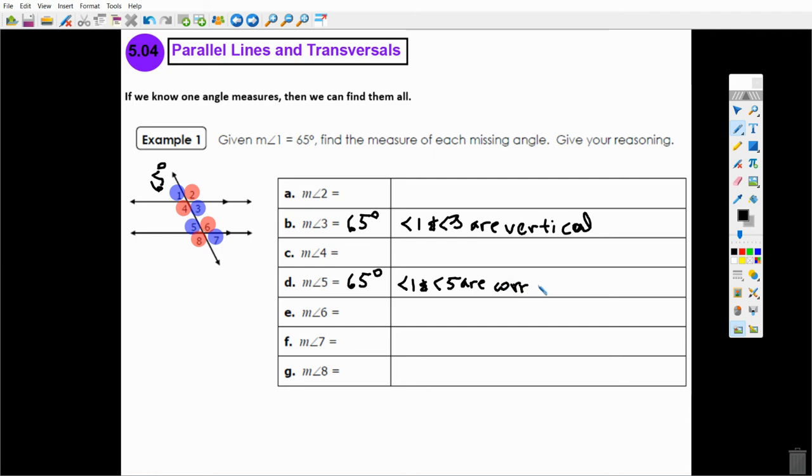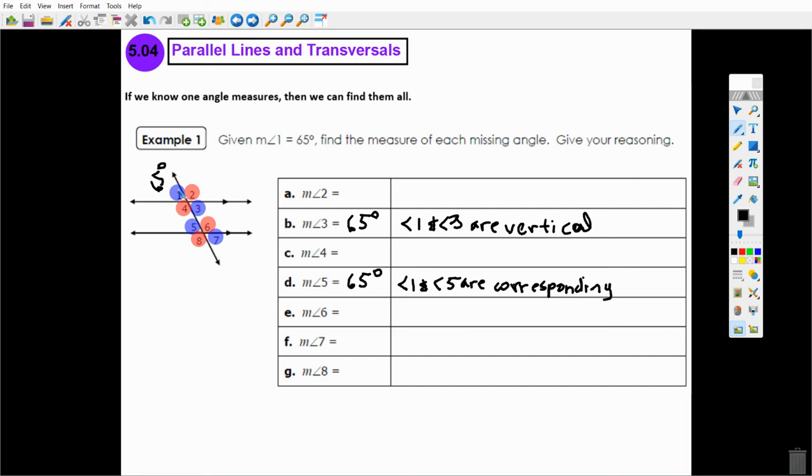I'm going to be honest, there's more than one way to do these. You don't have to follow just the thing that I'm doing. You can go to number 2, for example, and you know that 1 and 2 make a line, so they are supplementary. They are what we call a linear pair, so you can use that also. There's different ways to go about it. I'm just trying to get all the blue ones out.